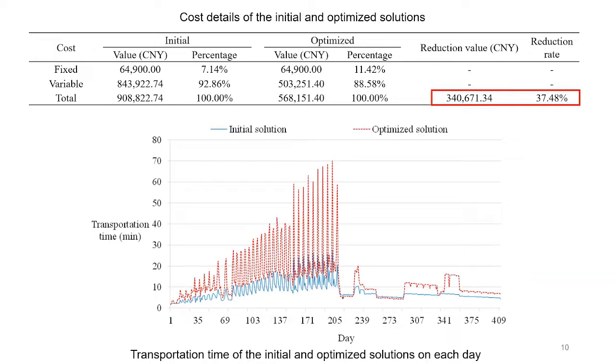The transportation time of the initial and the optimized solutions on each day is shown in the below figure. Their maximum transportation times are both less than the 90-minute transportation time limit. Compared to the initial solution, the temporary elevators in the optimized solution are more fully utilized within the transportation limit.